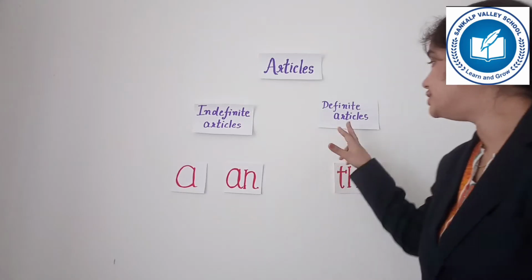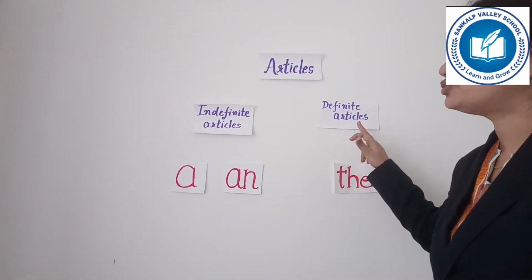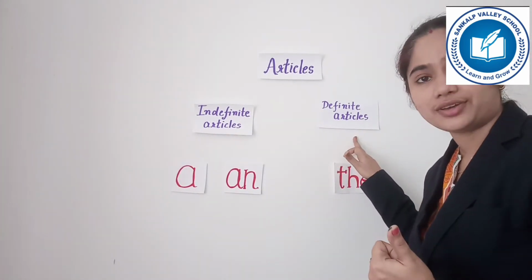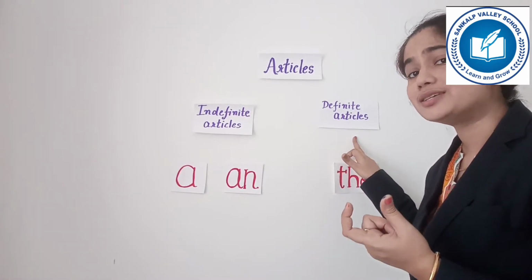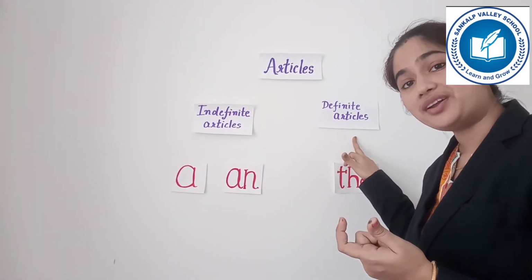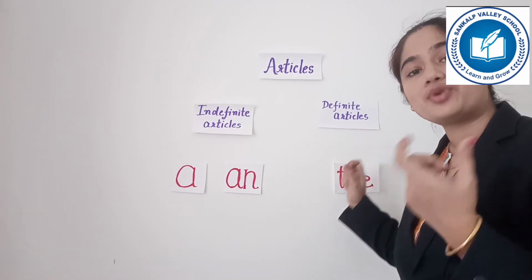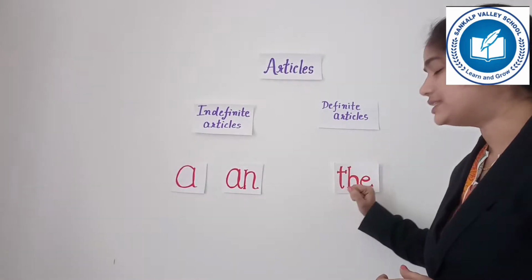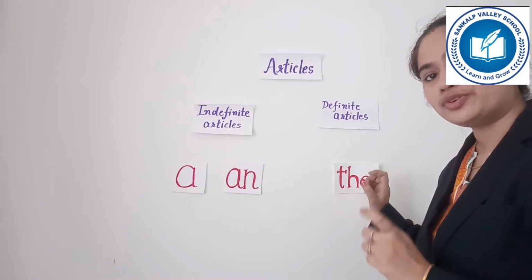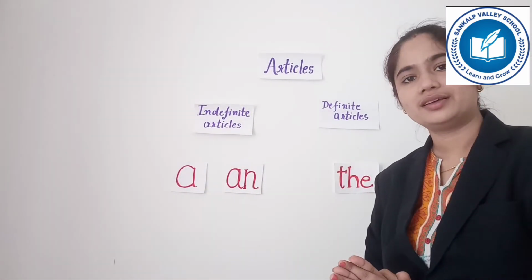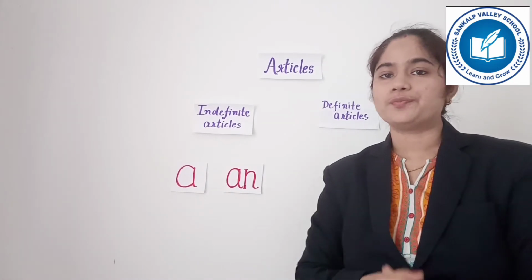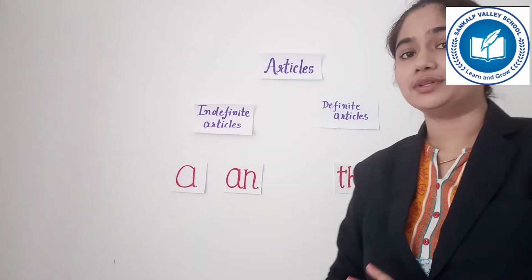And definite articles are used to refer to something specific. You remember a noun which is used in specific is called a proper noun, right? So for proper nouns, we will use the. Okay, we will use these words before a noun. Got it? So let me take a few examples to explain.